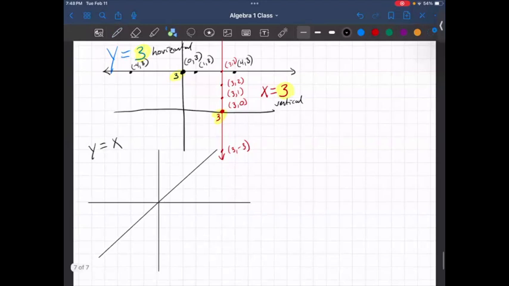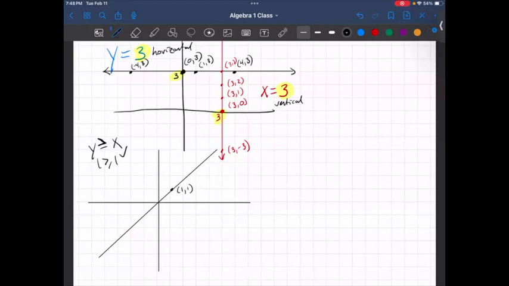What if I wanted not just the y's that are x, but y's that are greater than or equal to x? Right, so this would be (1, 1), and 1 is greater than or equal to 1.